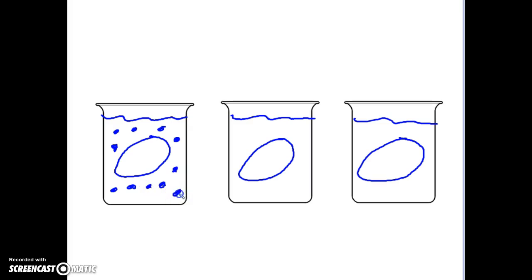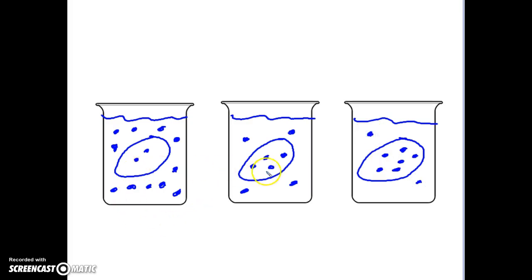So there's a whole bunch of solute and just a little bit of solute in here. Then we'll have a situation where, let's say, there's an equal amount of solute inside the cell as there is outside of the cell. And then there's a third situation where the solute is more concentrated inside of the cell than it is outside of the cell.